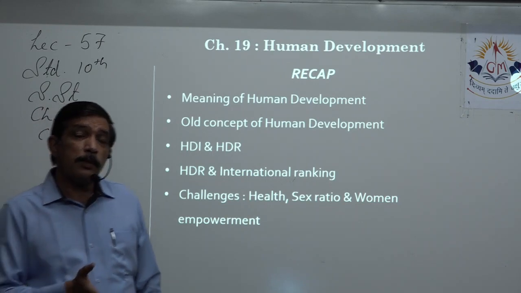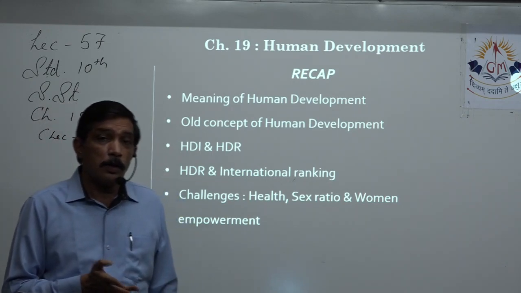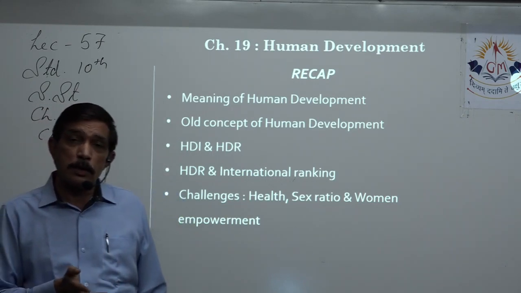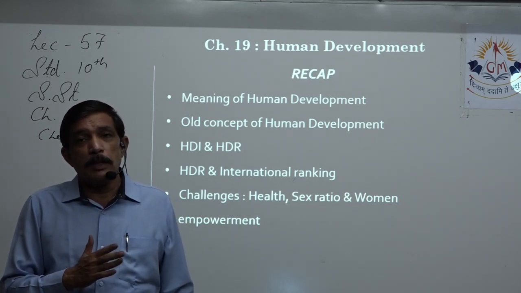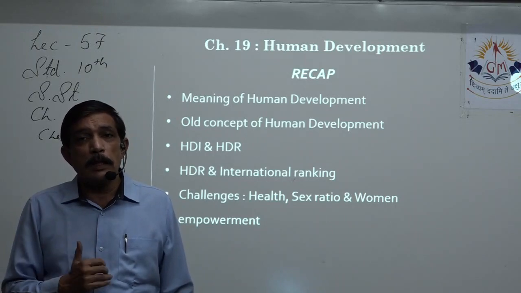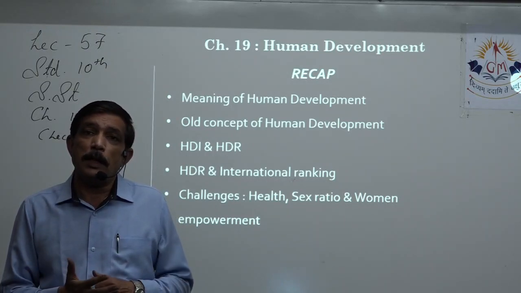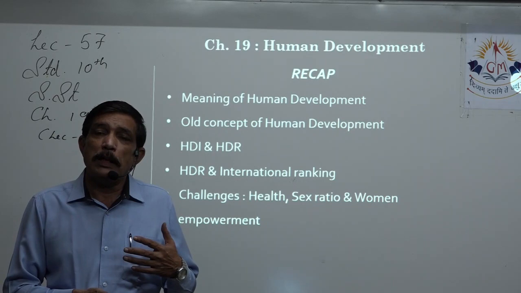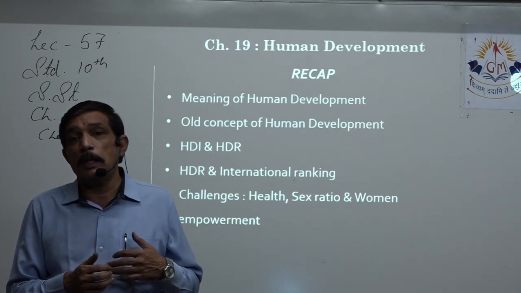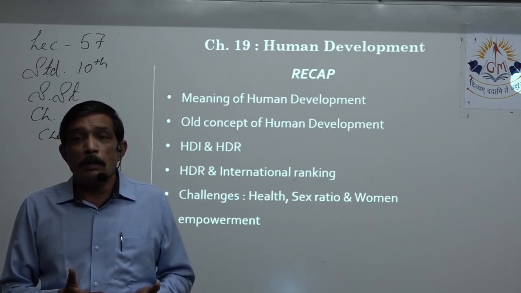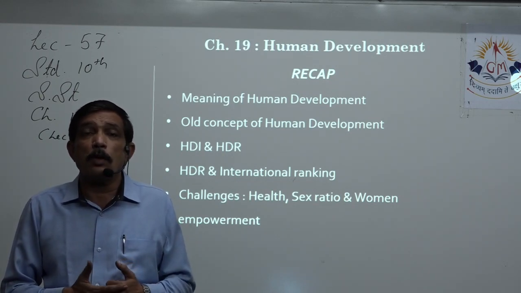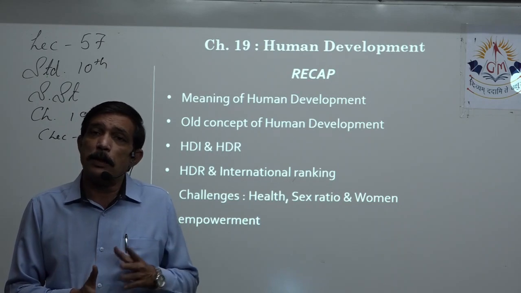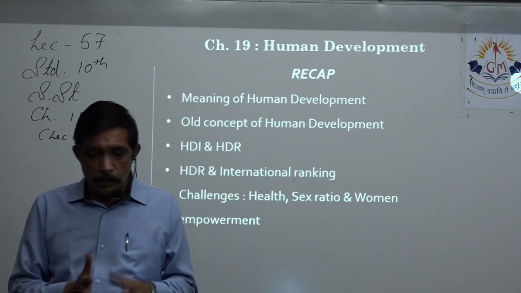So health becomes the health index, knowledge becomes the education index, and per capita income also becomes an index, because according to the new theory, it's not only how money is earned, it's also how money is used. People use the money for their betterment or just for basic needs. It tells us whether that country is developed or developing.